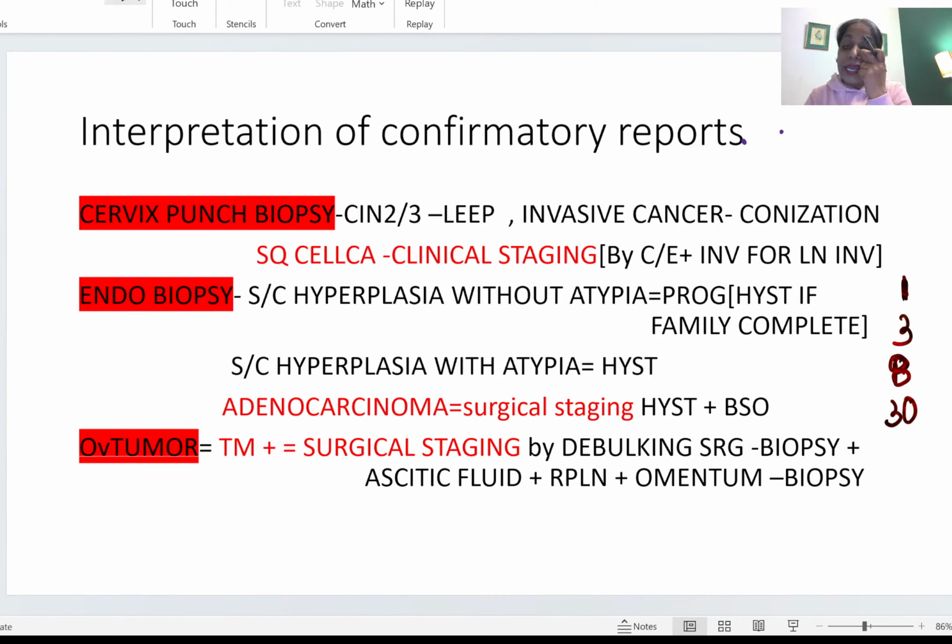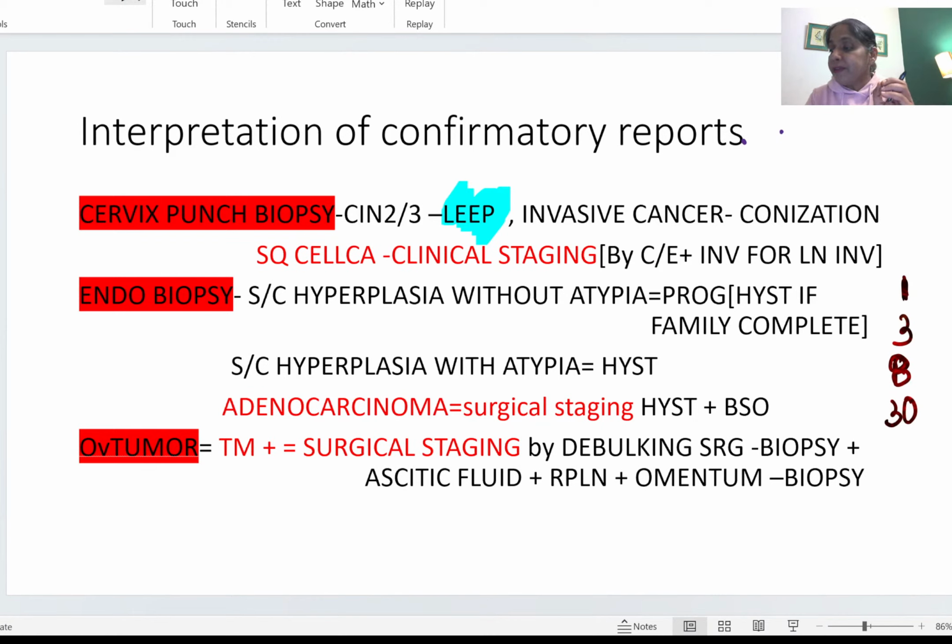If CIN2 and 3 is written on the report, what is the treatment? Then we will excise that area of the cervix, and excision of that area of the cervix is known as LEEP. LEEP means electrical loop excision of that suspicious area.